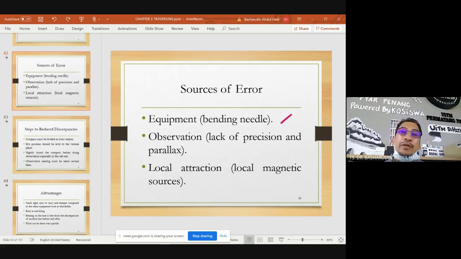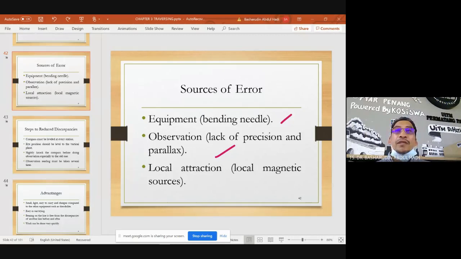Maybe your equipment cannot give you a flat surface. And maybe in your observation, you say 20 degrees 0 minutes, but actually it is 20 degrees 30 minutes, but you want to make it simple, so you are doing a less precise reading.